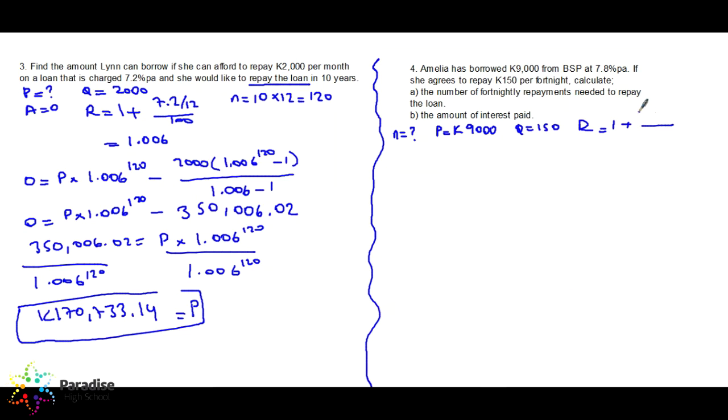1 plus. The rate is 7.8%, but the repayment is fortnightly. Therefore, I divide by 26 over 100. So R will be equal to 1 plus 7.8 divided by 2,600, which is 1.003.